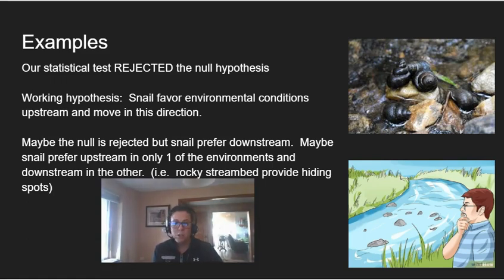If I reject the null hypothesis, maybe the snails actually prefer downstream and not upstream. Or maybe they only preferred upstream in the sandy area but not the rocky. Or maybe they're moving upstream because they can hide under the rocks. There might be lots of other reasons for that preference that might not just be because they're upstream or downstream.